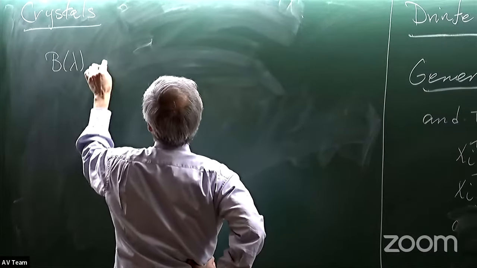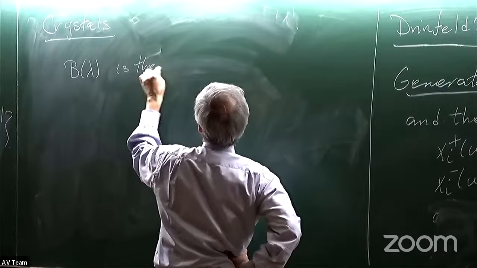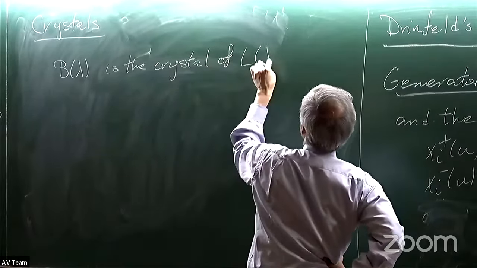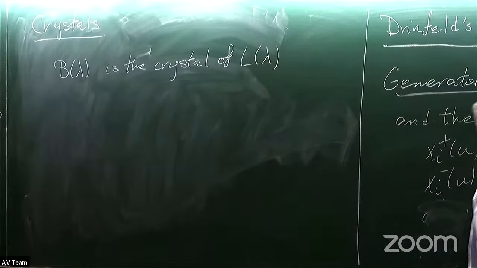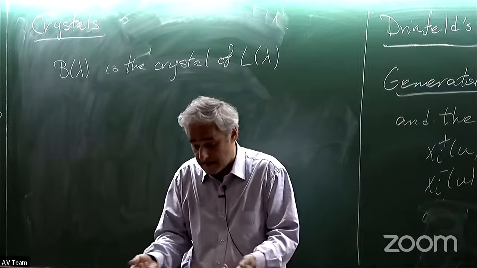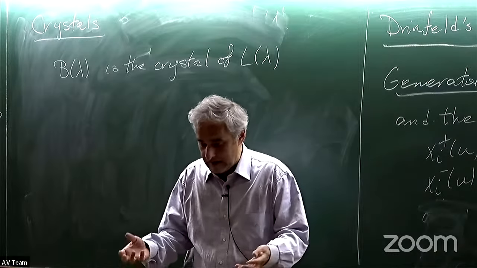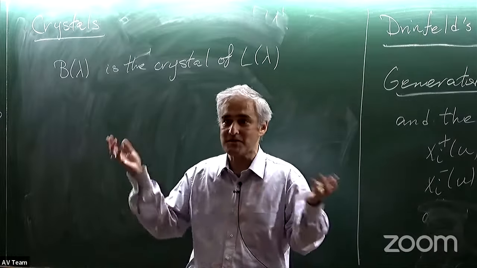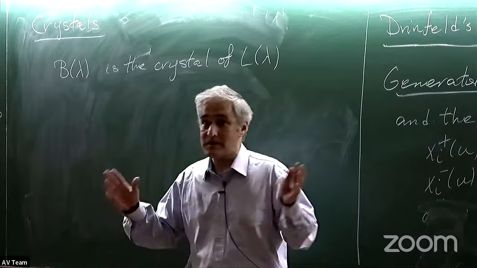So B lambda is the crystal of the extremal weight module, which Kashiwara said by just abstract arguments would exist the way he built it. But I didn't see in that any concrete way of building it. Presumably, I thought maybe you could use some sort of Littelmann paths, or maybe, no, I didn't find a way.